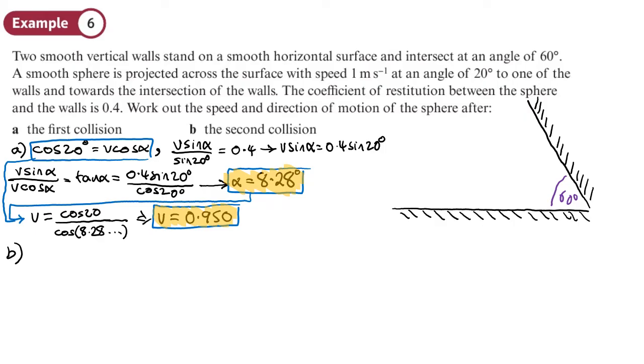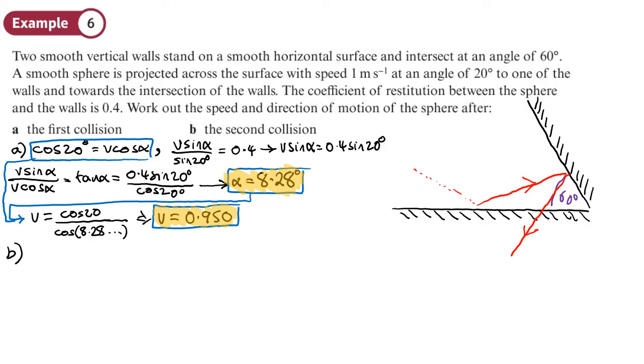Now I had the angle that it bounced off, so it's bounced here at 20 degrees and it bounced off at only 8 degrees, so it's very, very shallow. So it's actually bouncing sort of something like this, which actually means when it bounces off it's going to bounce back this way. Now if I don't get it right, I will just get a negative for my answer.